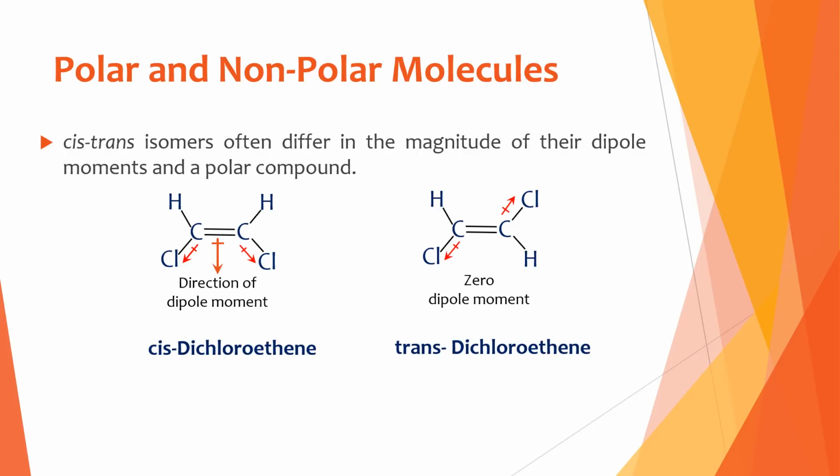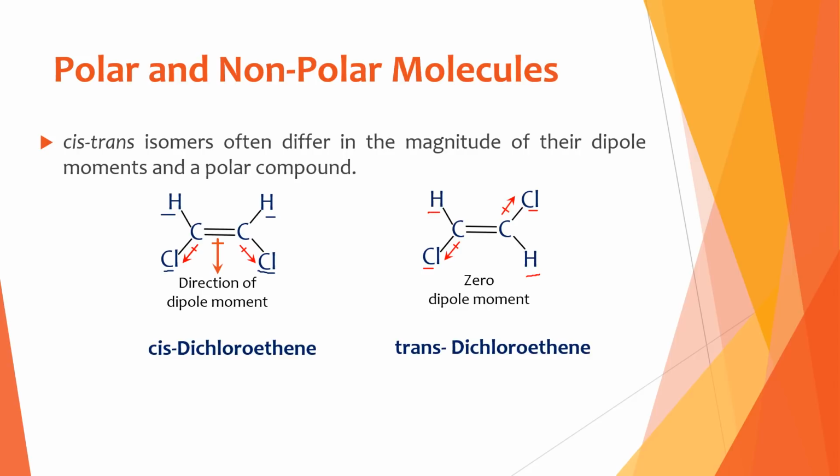For example, here we have cis-dichloroethene and trans-dichloroethene. As you can see, for cis-dichloroethene, we have 2 Cl and 2 hydrogen, and for trans-dichloroethene, we have 2 Cl and 2 hydrogen atoms as the side atoms too.